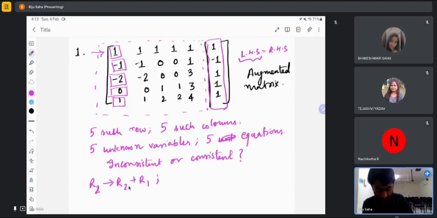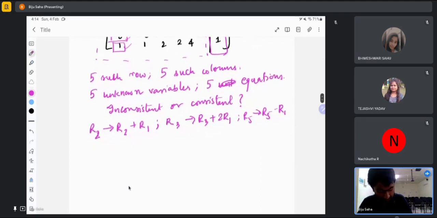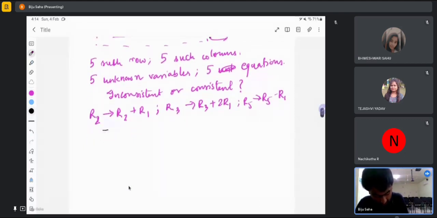Similarly, with the motivation of making this and this element 0, we can perform the following row operations. With these row operations performed on that matrix, the matrix changes to something like this.